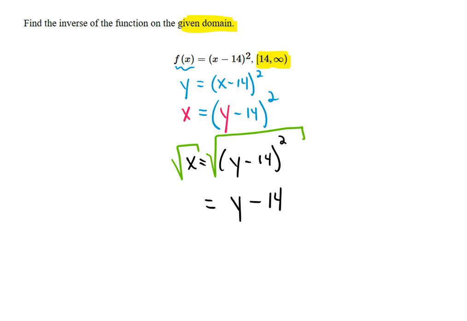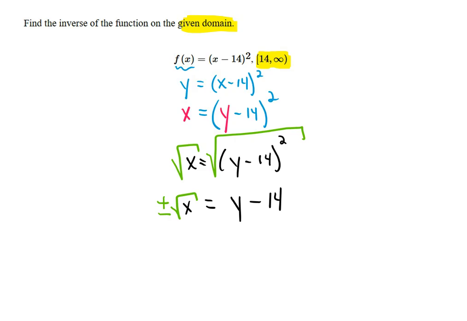However, when you're taking the square root of some number, you have to consider both the positive and the negative of that square root. Because remember, when you're looking for the square root of a number, you're looking for a number that when you square it, it'll give you the x.